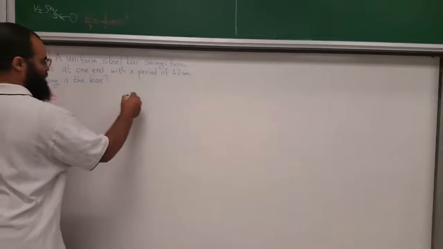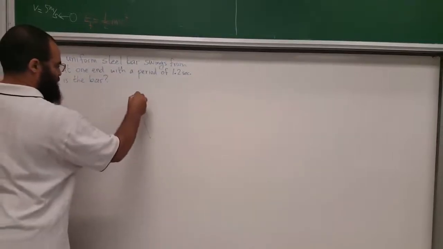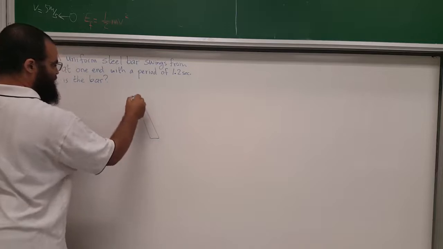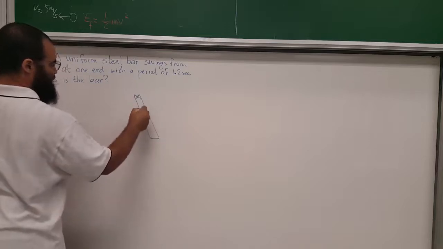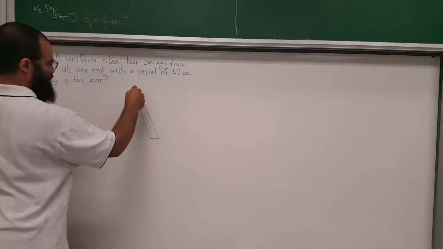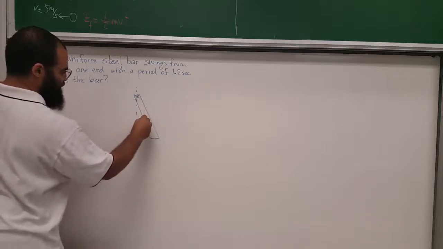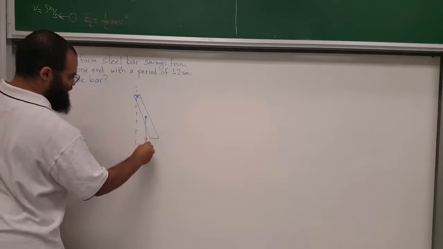So here is the bar. It's pinned here, and it swings back and forth. Right? It swings back and forth. So this is the center of mass. So there is mg this way.